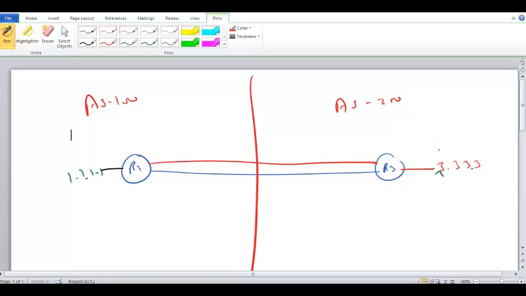What if I have two different autonomous systems, and I've got here 13.13.13.1, 13.13.13.2/30. Here 31.31.31.1, 31.31.31.3. So I've got two WAN connections, two connections between these two autonomous systems.